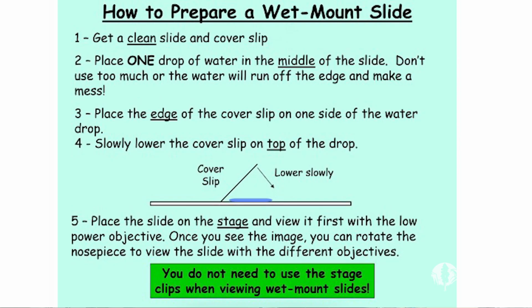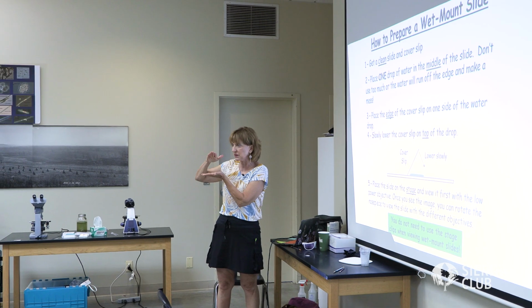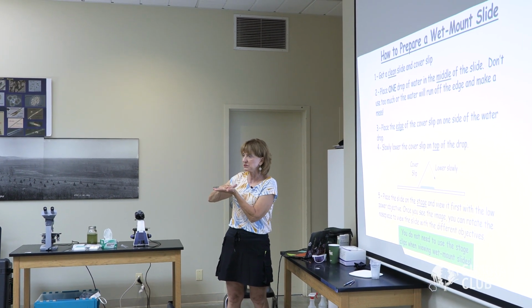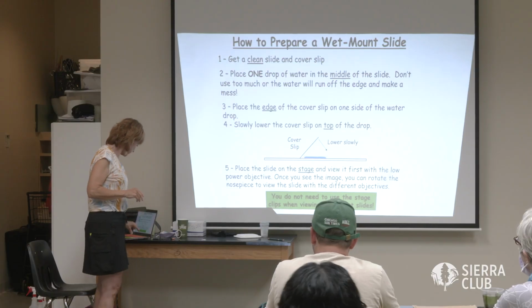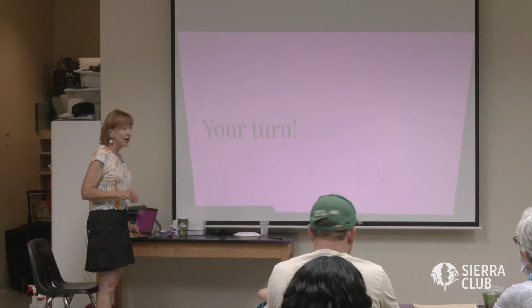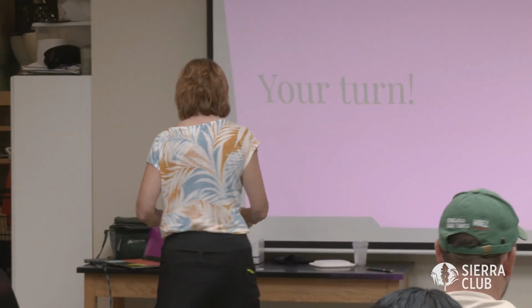And you want a healthy drop. If you've got too tiny a drop, you're going to really smash it with that cover slip, and it will distort your sample. So full PPE. Everybody needs gloves and masks, including me.